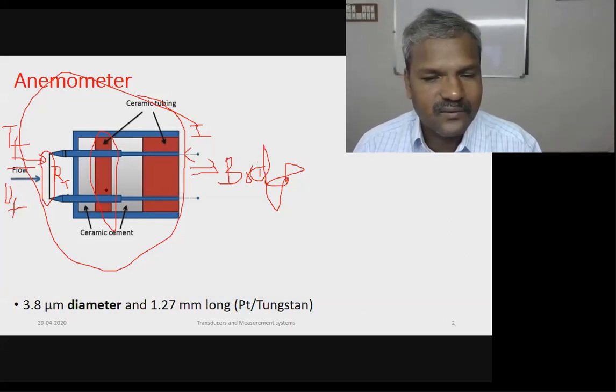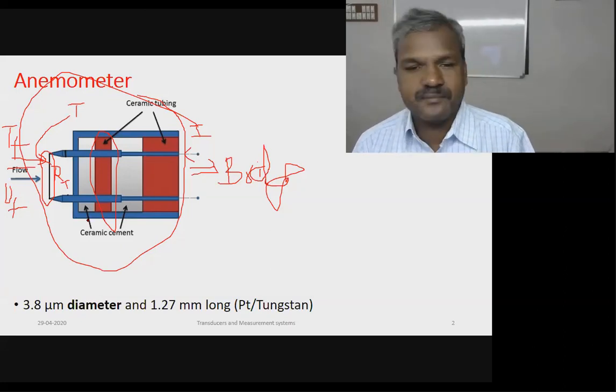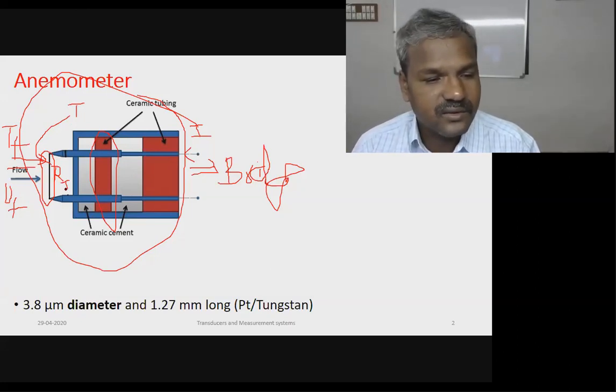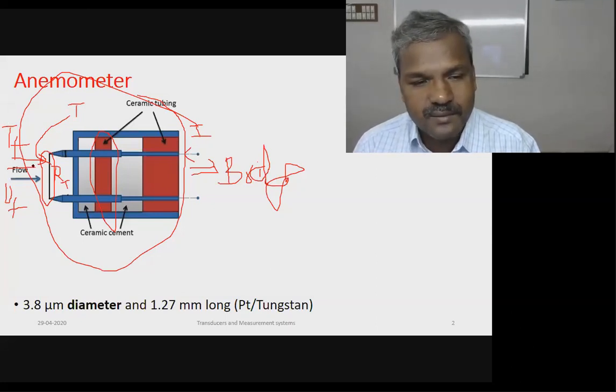Then when we pass current, the resistance of the wire is RT. At that condition, there is some temperature of the wire. So the heat loss, I square RT, creates some temperature that is considered as T. T is the temperature of the wire, RT is the resistance of the wire, Vf the velocity of the fluid, Tf the temperature of the fluid medium.